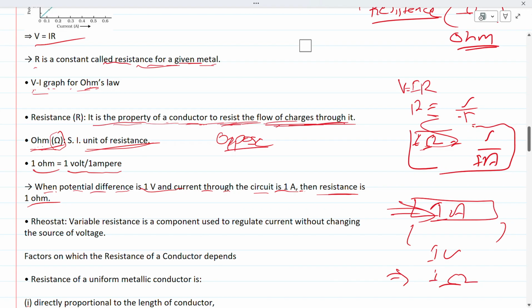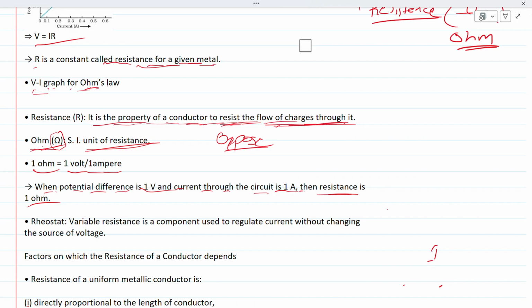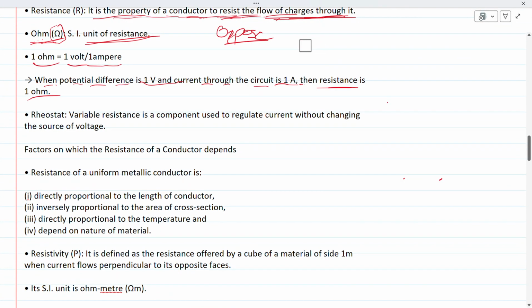Let's move to the next topic, and the next topic is rheostat. This is going to be the last topic of this video. A rheostat is a variable resistance. It is a component used to regulate current without changing the source of voltage.